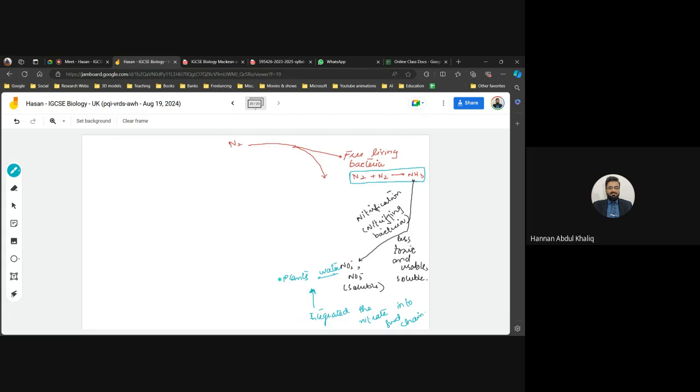Now from the plants, one more way of fixing nitrogen is by bacteria symbiotically living in plant roots. You know what is the meaning of living symbiotically?